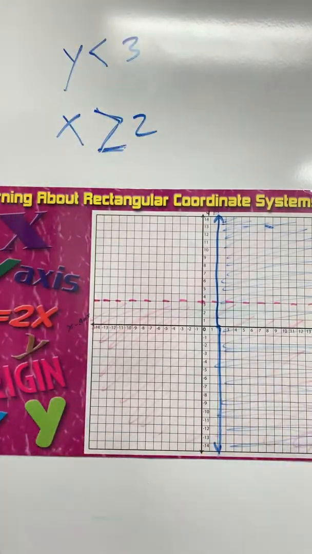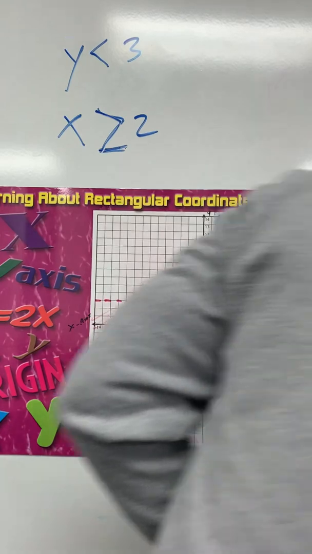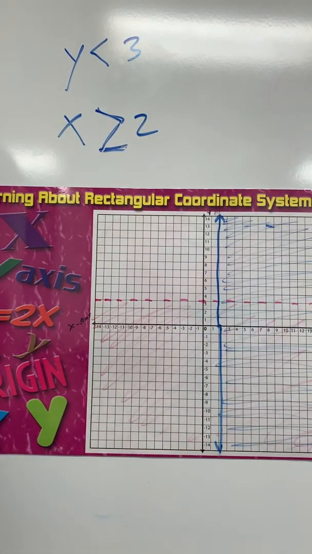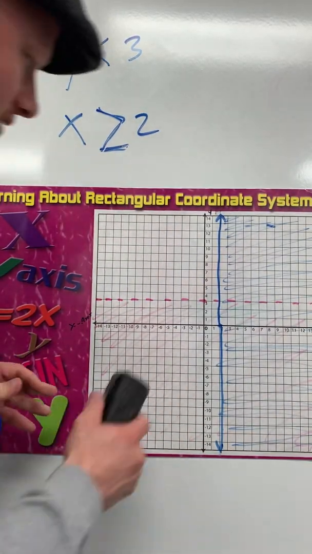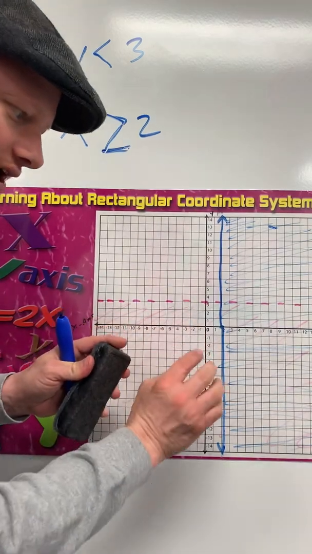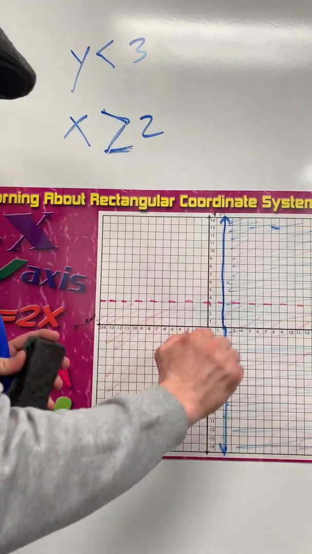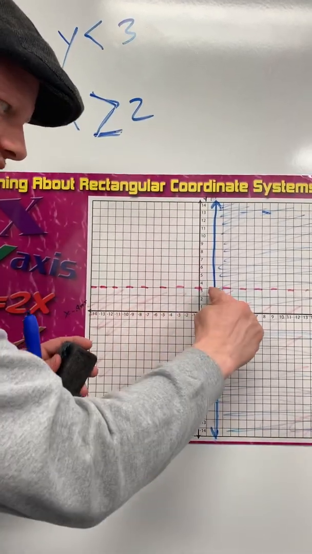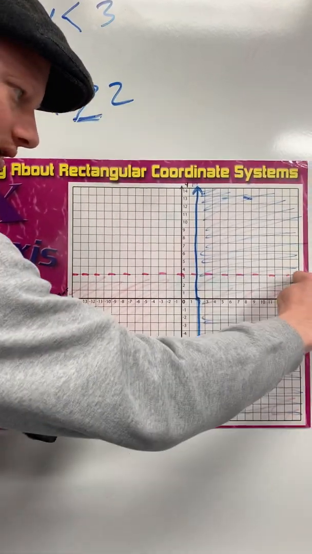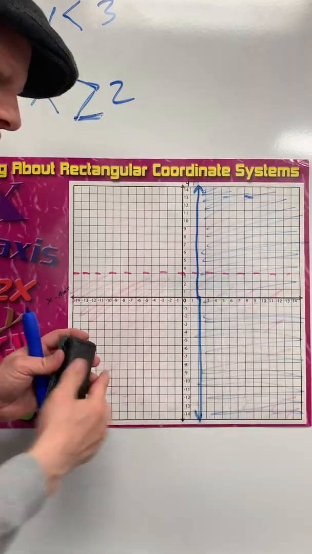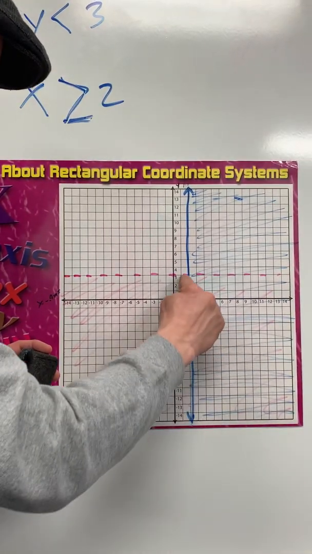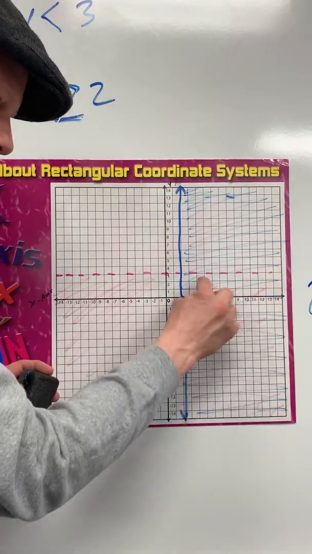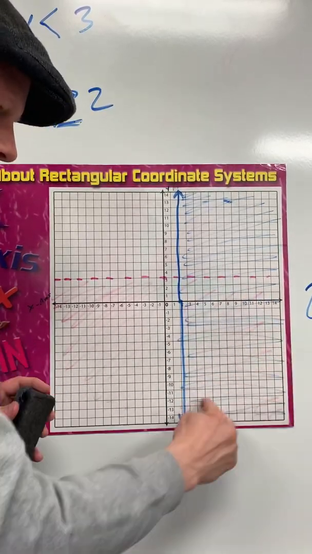Now, the solution to this is going to be the area of the coordinate plane where there's an overlap. Notice that's going to be right here in this rectangle. So we're going to erase everything that's not inside. We want to see where these two graphs overlap.